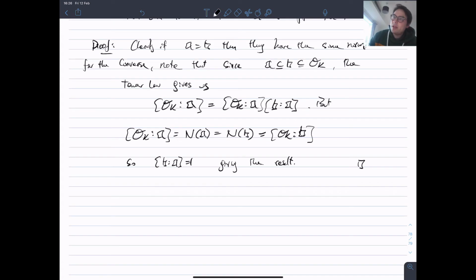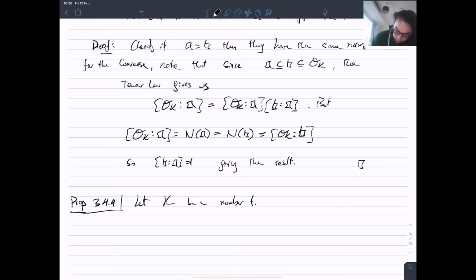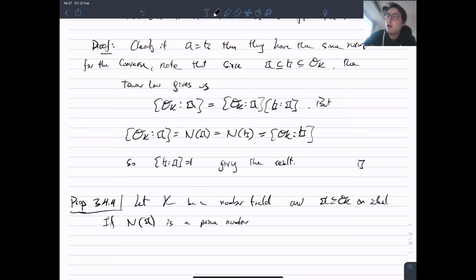What do we know about the norms of prime ideals? So here's proposition 3.4.4. If I have a number field, and A an ideal in OK, if the norm of this ideal is prime, so this norm is always an integer, it's a prime number, then A is a prime ideal.